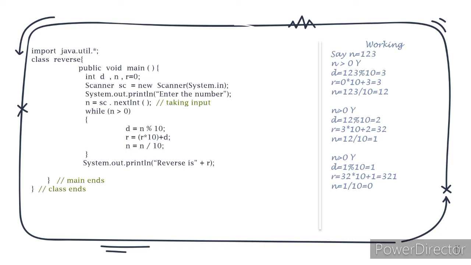At the end of this, r becomes 321, which is the reverse of n, but at the same time the value of n has become 0. So the reverse is r, which is 321. This is the code that will help you to reverse a number which you have taken as input from the user.